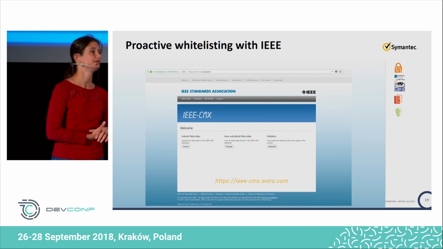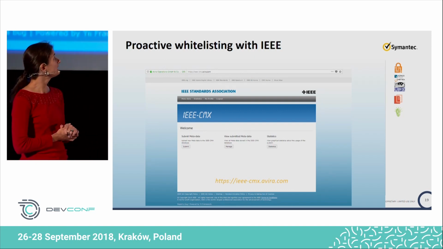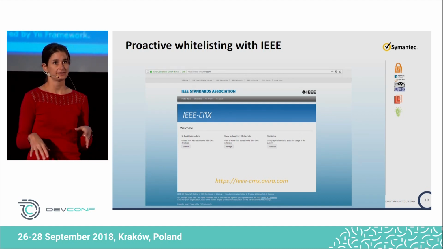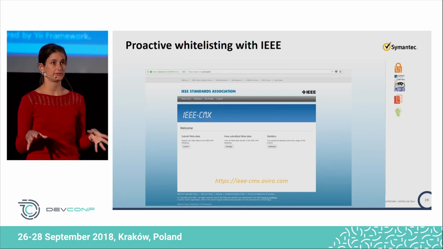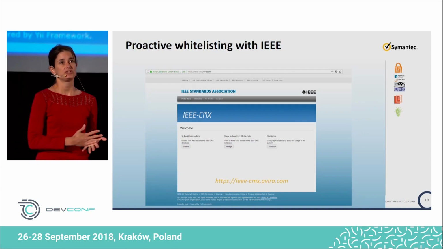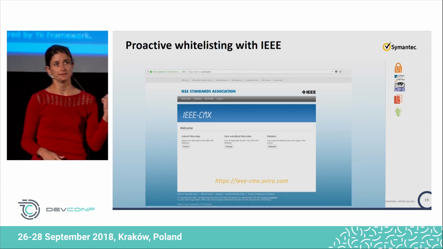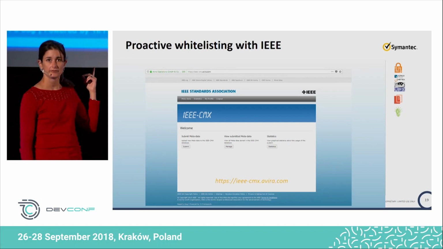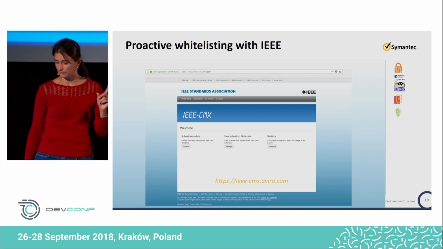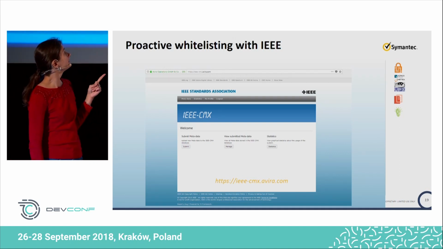One more thing you can do, if you want, is proactively whitelist your software. A lot of security vendors have dedicated platforms for that, so you can sign up to their programs. There's also a generic one from IEEE, which is kindly hosted by our friends at Avira. You can search for IEEE-CMX.